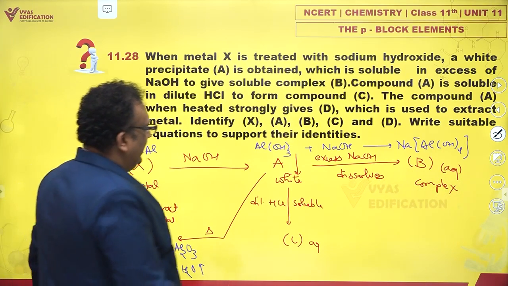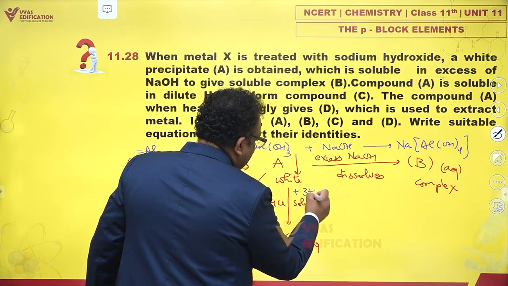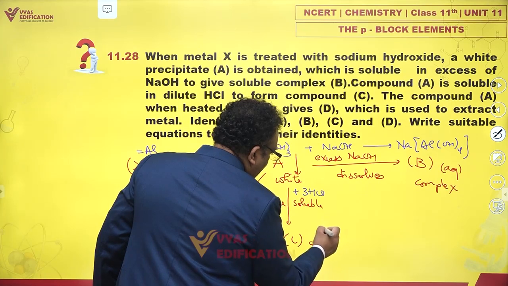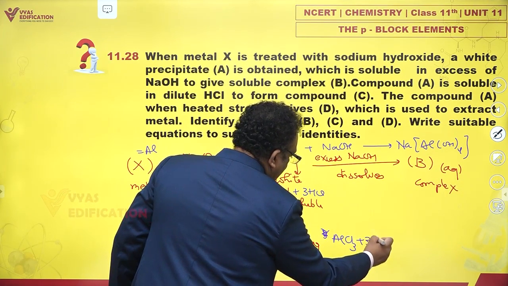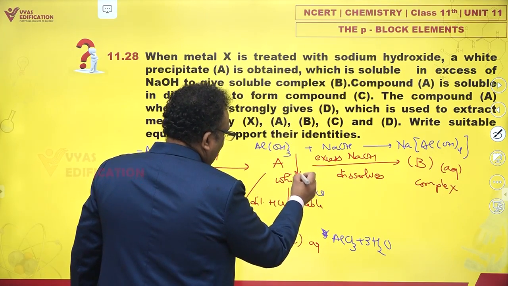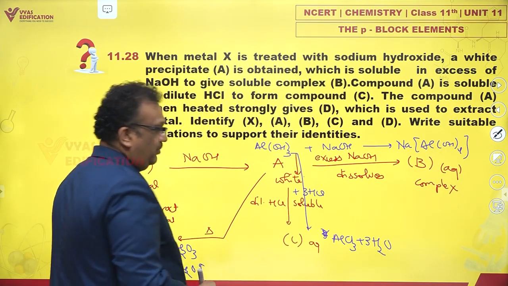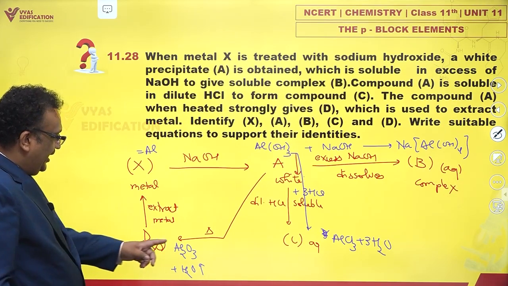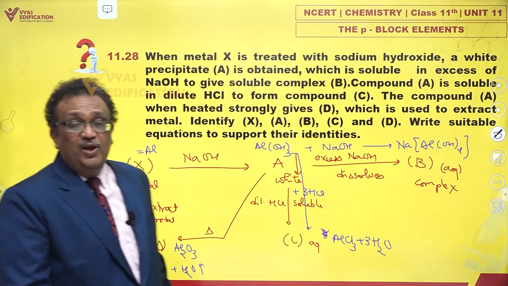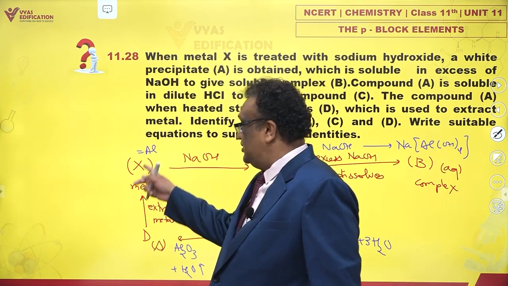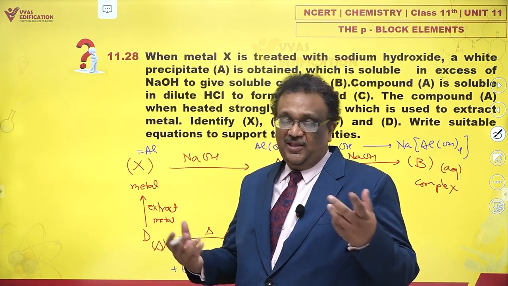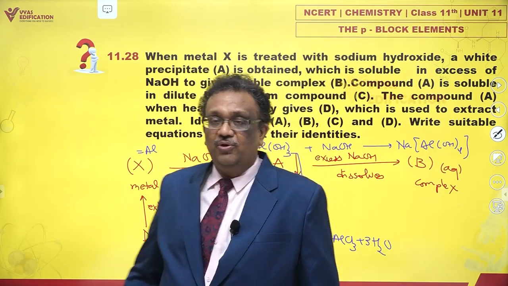Makes sense. Al(OH)3 plus 3 HCl will give me AlCl3 plus 3 H2O. So I have that reaction also, no problem. And Al2O3, molten alumina, is dissolved in cryolite and electrolyzed to obtain metallic aluminium. That also is a very true reaction.